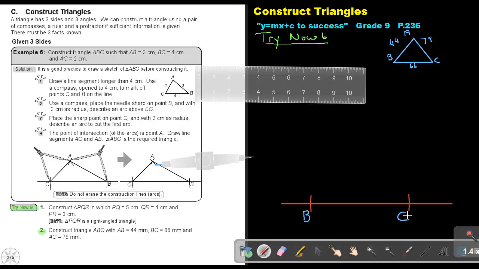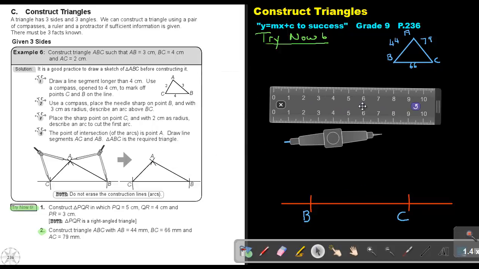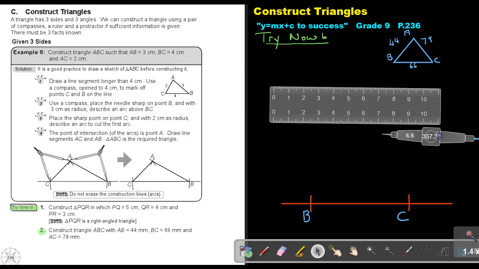Okay, now I'm going to take again my compass, and again my ruler, and now I'm going to put it on 4.4. Okay, I'm going to just turn it around again so that I have the needle there. And then I put it there. And it's 4.4. Oh, now this one doesn't want to become smaller.